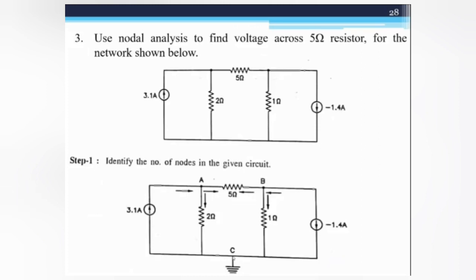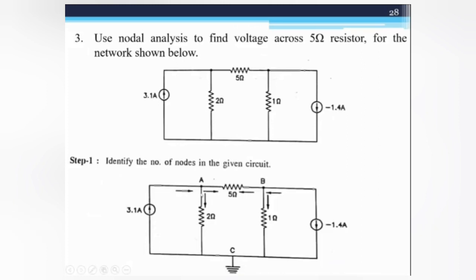Now apply KCL. The KCL states that the incoming current is equal to the outgoing current, or the algebraic sum of the currents at a particular junction is equal to 0, right? So when we apply the KCL at node A, if the current source direction is towards the junction it is positive, and if it is away from the junction it is negative.